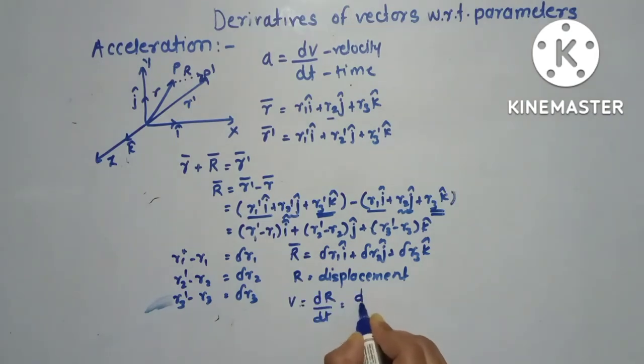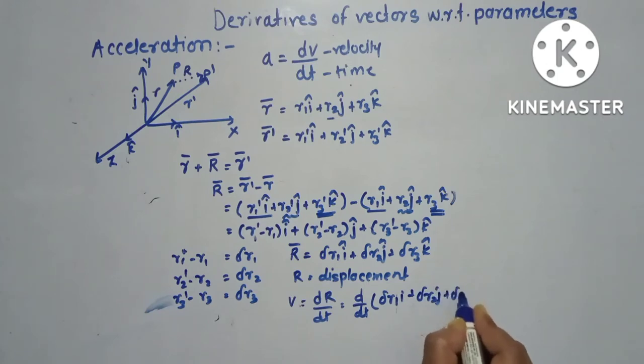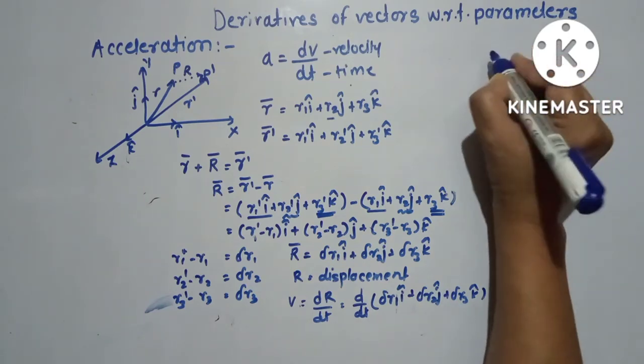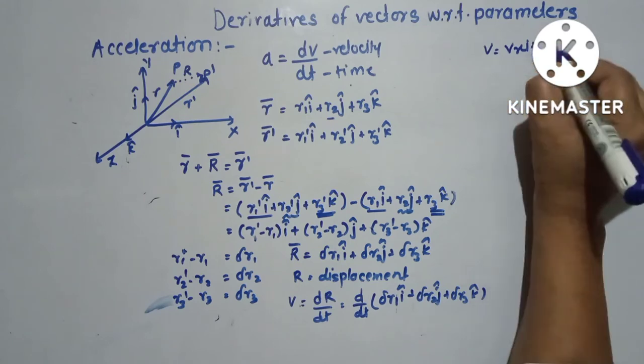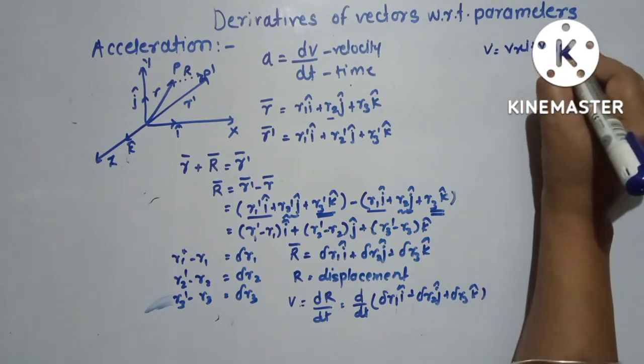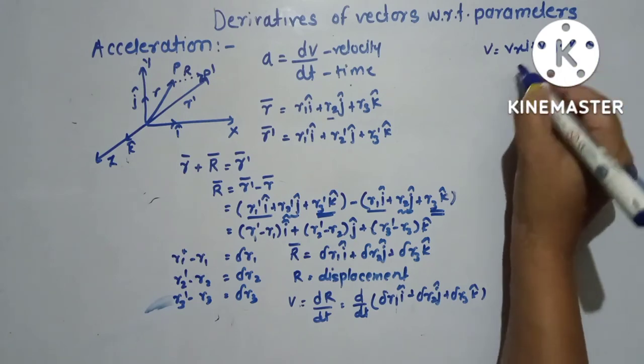From this equation, v equals d by dt of delta r1 i plus delta r2 j plus delta r3 k. This v can be written as vx i plus vy j plus vz k. We have already seen this in a previous lecture.